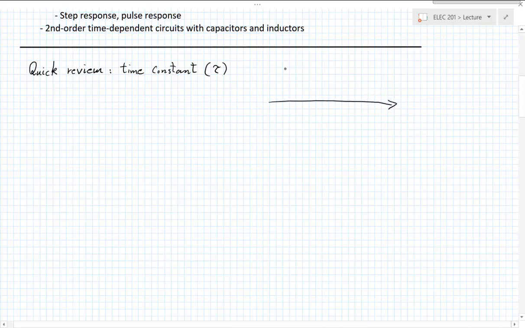Imagine you have a signal, let's say some voltage, that starts with some value V naught and decays over time exponentially. Let me draw this bigger then.